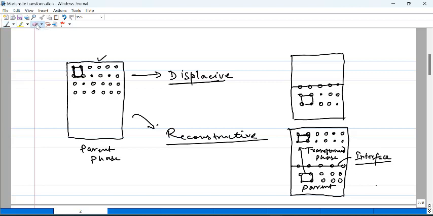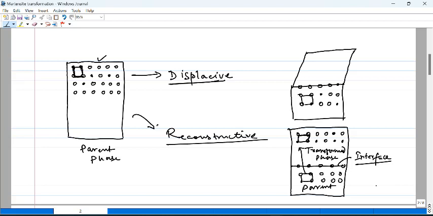So now I cannot have a shape like this if I want to have small movements of the atoms for the new pattern to form. Then this will be associated with some amount of shape change or shape deformation, something like this.